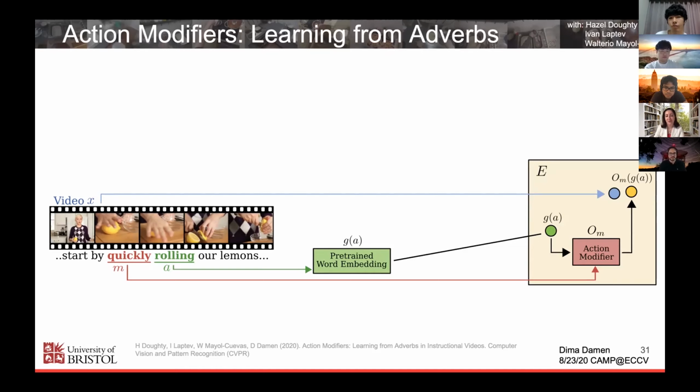So as a result, you want to embed the video of rolling quickly close to this modified action. This is the same as undoing the video, right? So you can apply the reverse of this transformation and ensure that rolling is no longer being done quickly. So this is a revertible transformation, but in this case, we're applying the modification to the action, and then we're embedding the video close to this modified action.